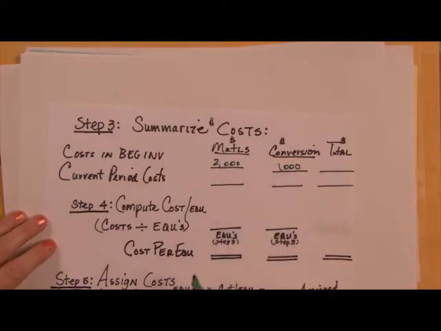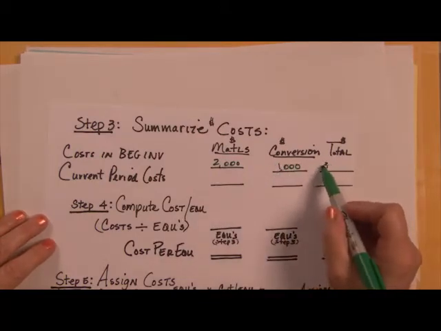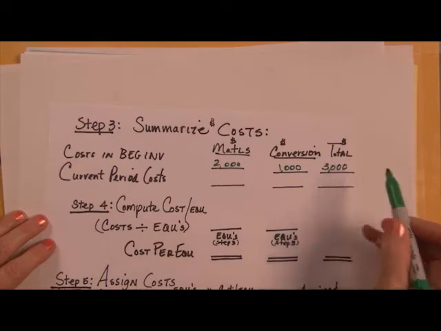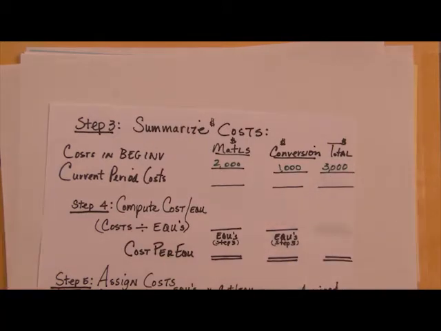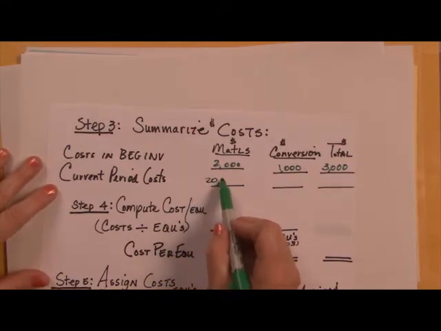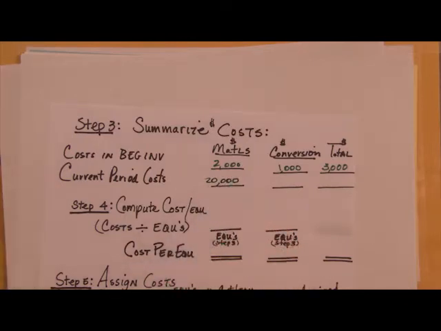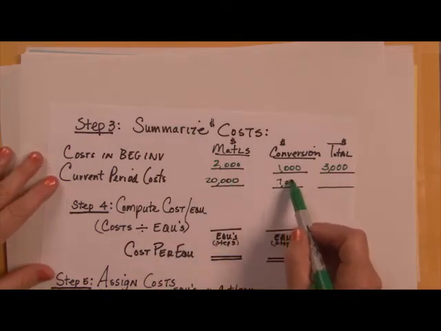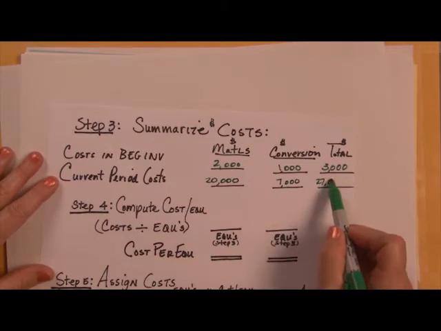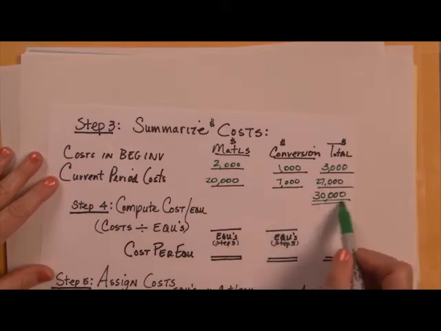These were costs that were incurred last period, but because ending became beginning inventory, we see these costs present again, and we will be using those in our assignments. 20,000 for materials for the current period, totaling 27,000 or 30,000 for all of our costs in summary.